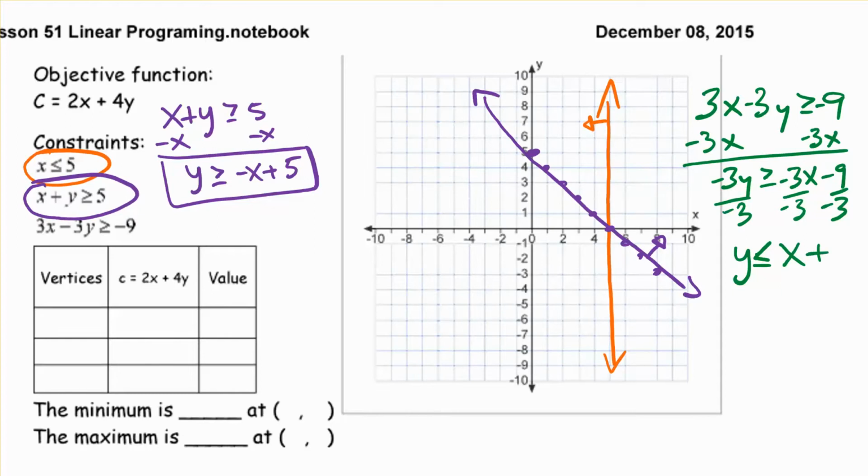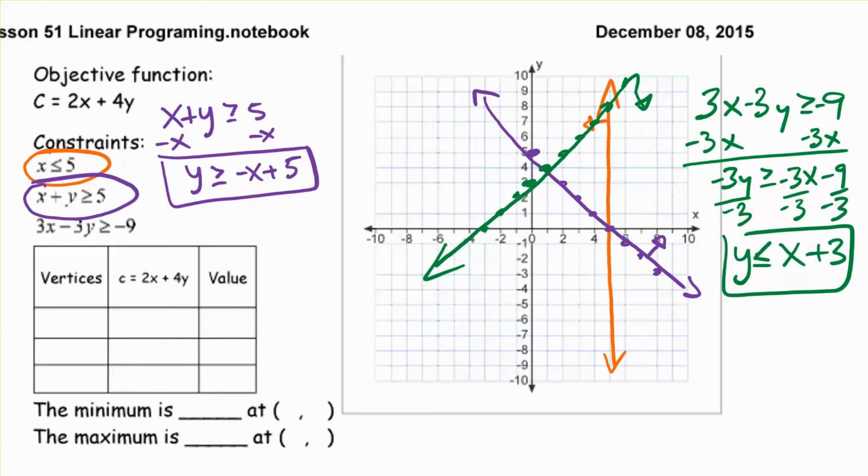That's 1x plus 3. So our y-intercept is 3 here. Our slope is 1, so we're going to go up 1 over 1, down 1, left 1. Draw in our line. And less than this line would be below this line.